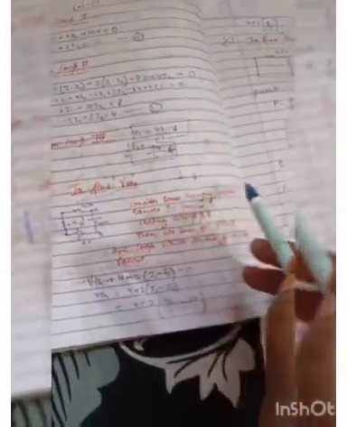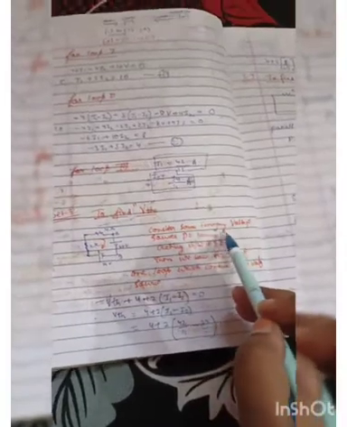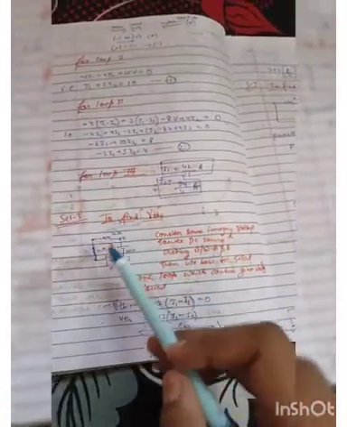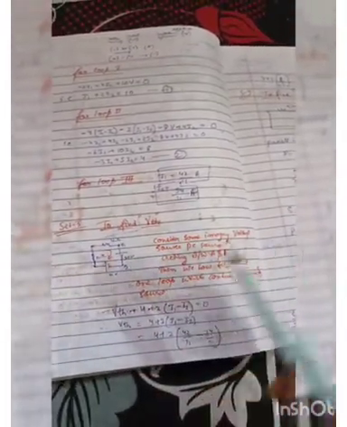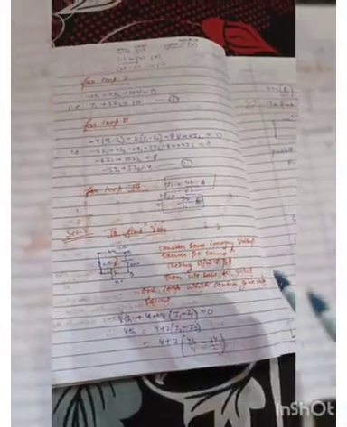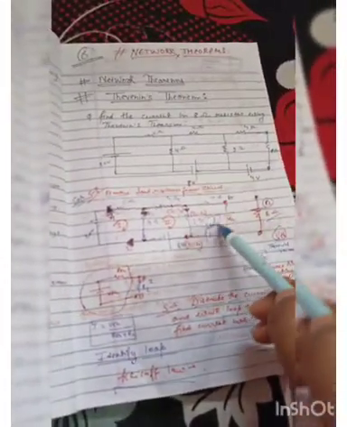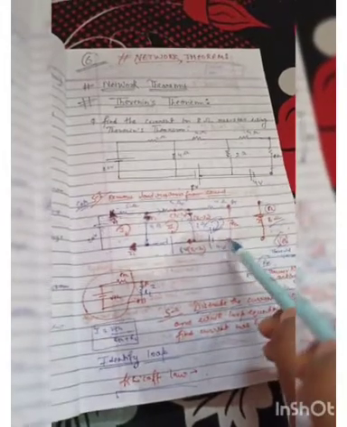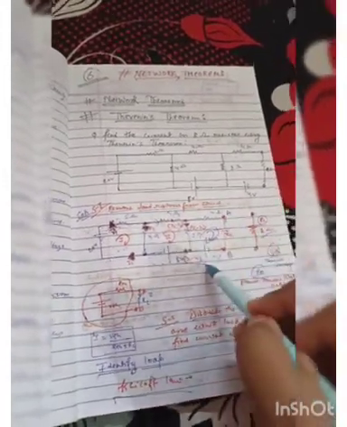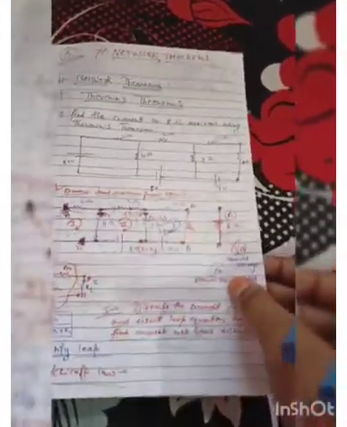For finding VTH, we should consider an imaginary DC voltage source acting between A and B. Then we have to select one loop which contains the given voltage source, VTH. For selecting the loop, we consider this as a loop which contains VTH. Now we will find the loop equation for this loop.